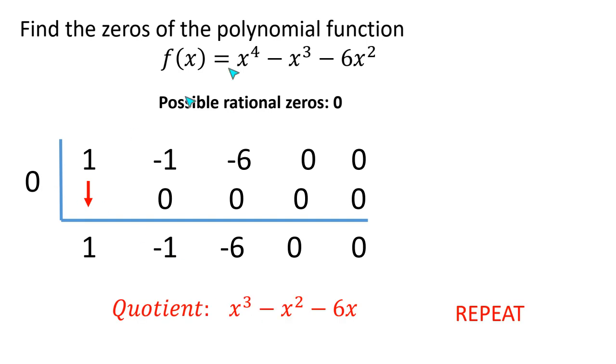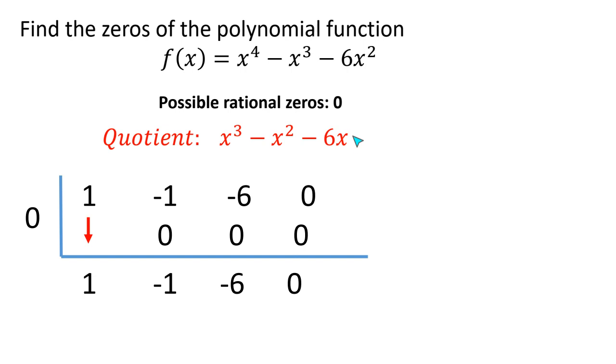But if we get our quotient, since we had an x to the 4th polynomial, when we write our quotient, we have to go 1 degree less. So that's going to be x cubed minus x squared minus 6x. So then we repeat the same process. Or again, you can factor out an x and you can get there quicker. But I'm going to go ahead and repeat the process.